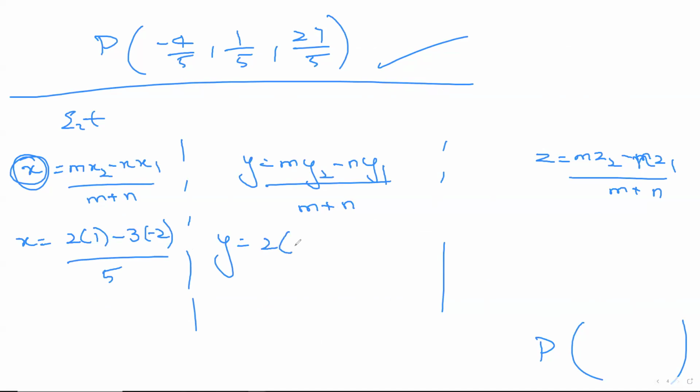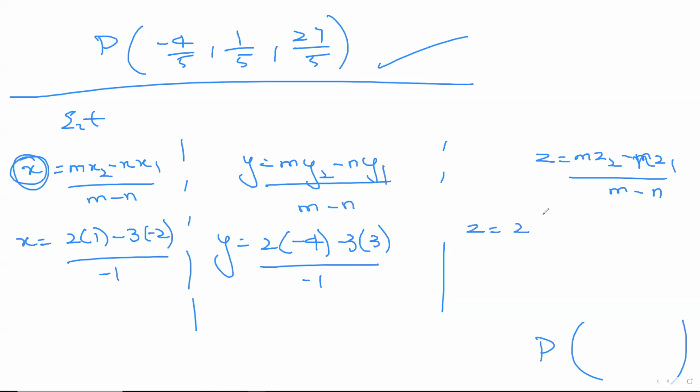M is 2, Y2 is -4, minus 3 into 3, again divided by, oh guys, one small mistake I made. In the denominator, I had to change the sign. I got carried away. It is a minus throughout. So it won't become 5. It'll become 2 minus 3, which is -1. Everything should be a minus. A visible minus has to be there. Z is equal to M Z2.